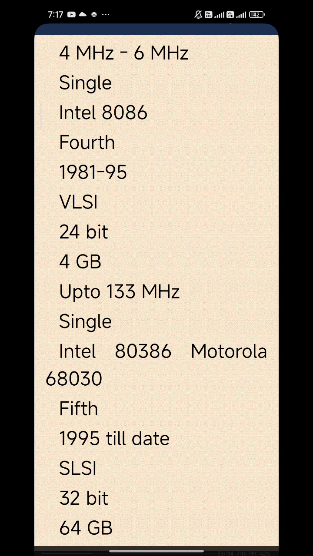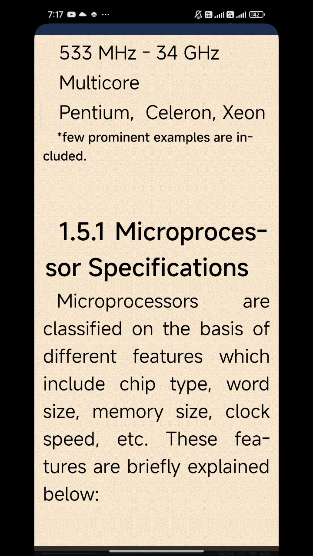Fifth, 1995 till date, SLSI, 32-bit, 64 GB, 533 megahertz to 3.4 gigahertz, multi-core, Pentium, Xeon, Hexon. Few prominent examples are included.